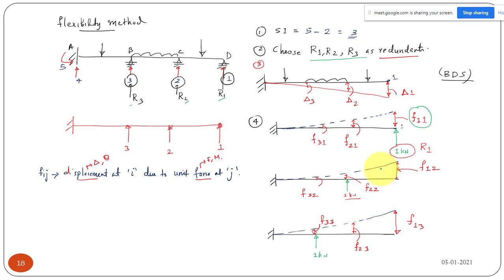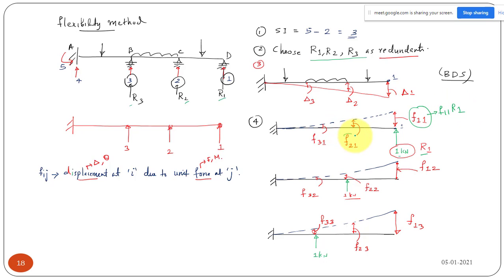Now, for 1 kilonewton I have deflection F11, and instead of 1 I have a load of R1 kilonewton applied here. Then what is the value of deflection at this point? It will be F11 into R1.